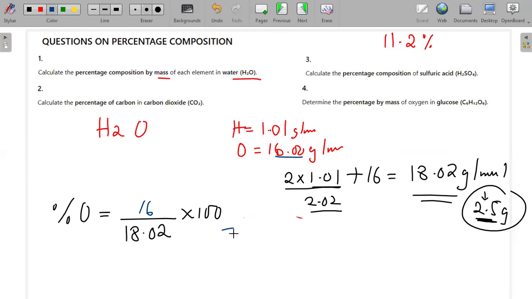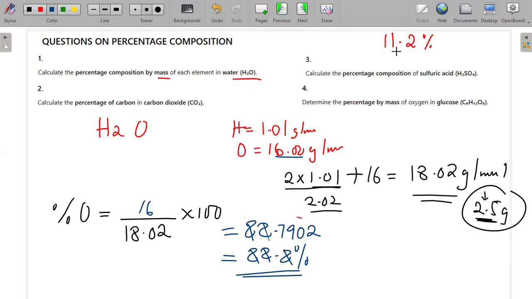So that one gives me 88.7902. I'll just round it off to one decimal place. It will be 88.8%. So for any mass of water, 88.8% will be the mass of oxygen.